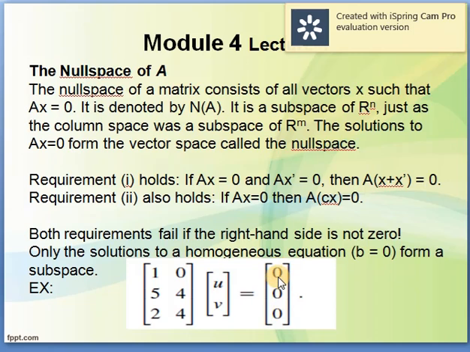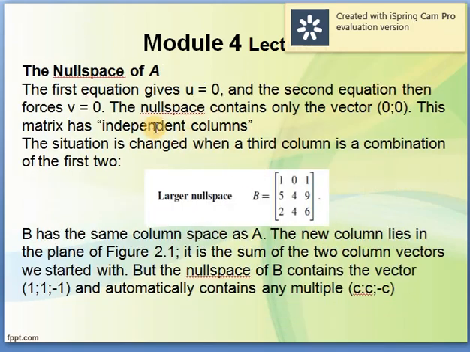Otherwise, the result will not be. If U is 1, V is 0, the result would be this column. And if V is 1 and U is 0, the result would be this column. So here the result is 0 if U and V are equal to 0. So 0, 0 is the null space.